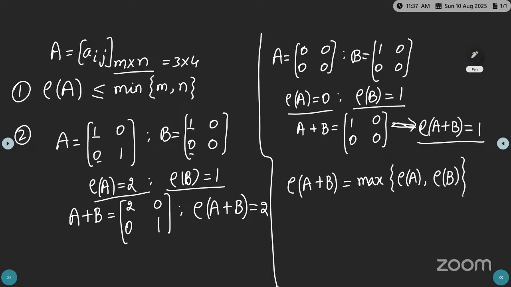Just take anything else. If you take both the null matrices, rank of A is 0, rank of B is 0. Maximum among those two is nothing but 0. Here rank of A is 2, rank of B is 1. What is rank of A plus B? Is it the maximum among those two or not?